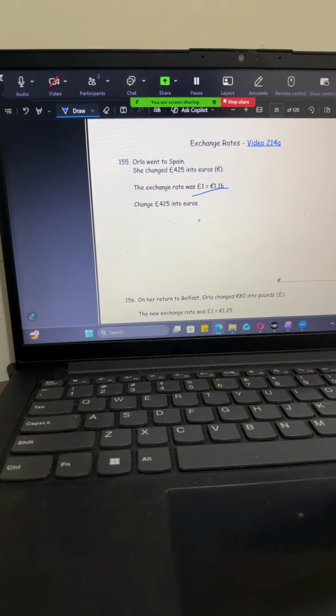Yeah. We need to find out how many euros we get when we change 425 pounds. So we just need to multiply: 425 times 1.16. Yes, it's 493.